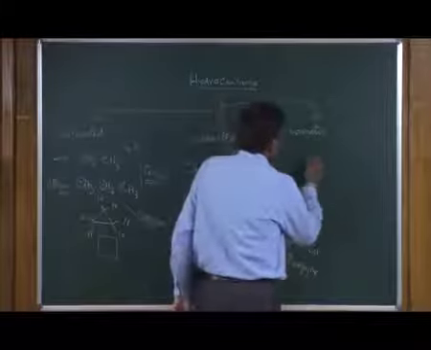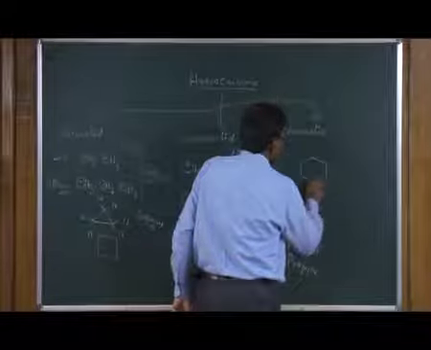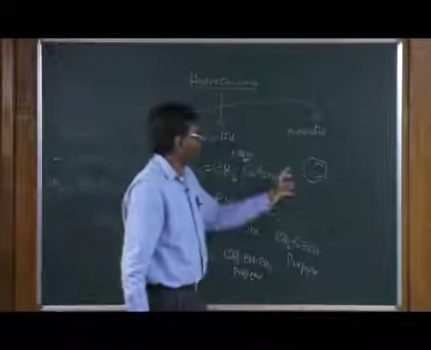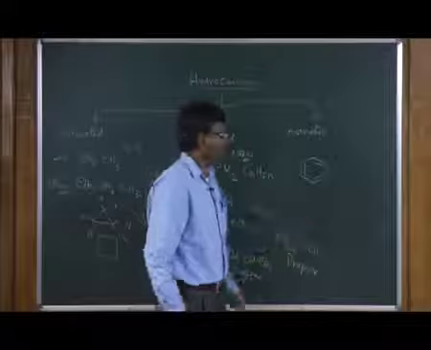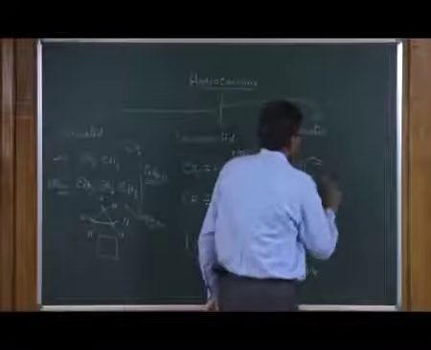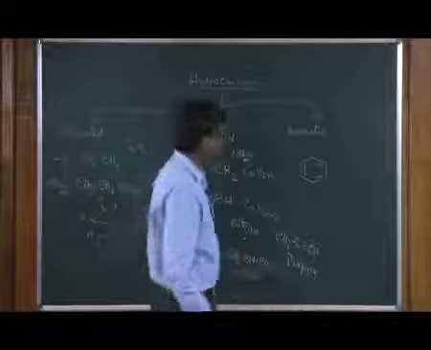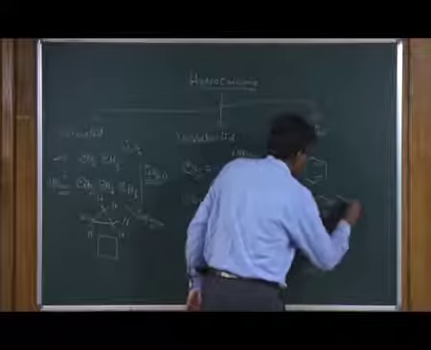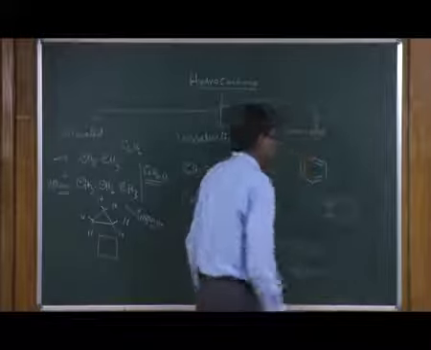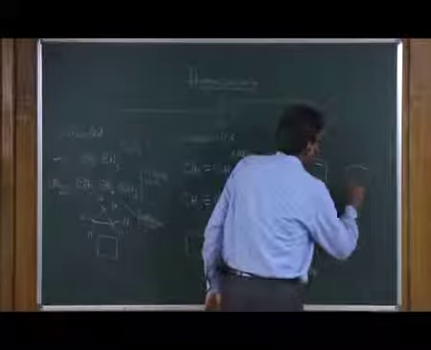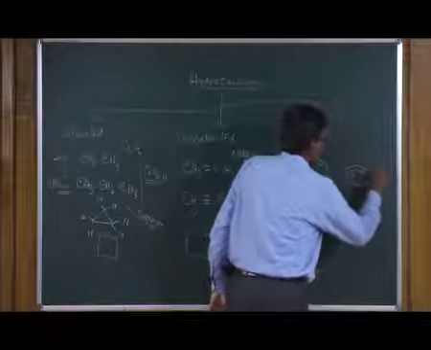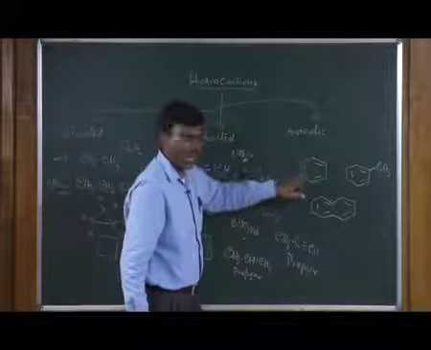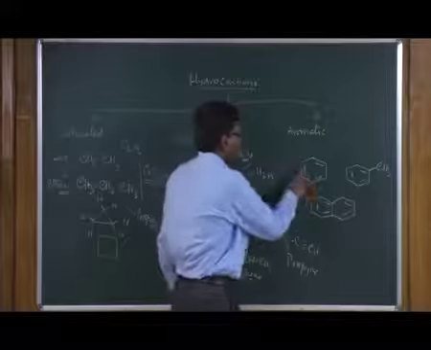Aromatic hydrocarbons. This class of compounds has a benzene ring as a unit. For example, it can be benzene or its derivatives. If you look at this compound, it is a cyclic compound with a double bond, single bond, double bond, single bond, double bond.